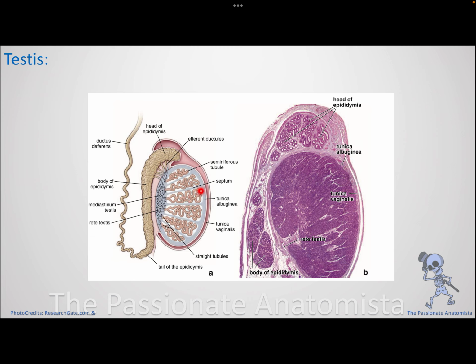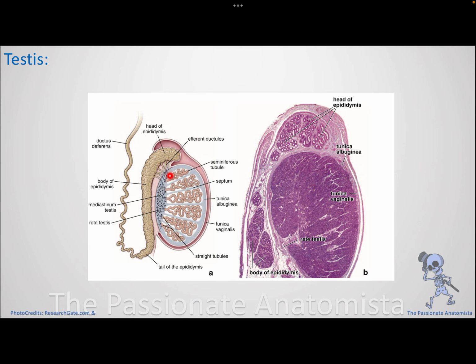And remember, in the previous video on gross anatomy, the tunica albuginea sends septa that break the testis down into around 200 to 300 seminiferous tubules.